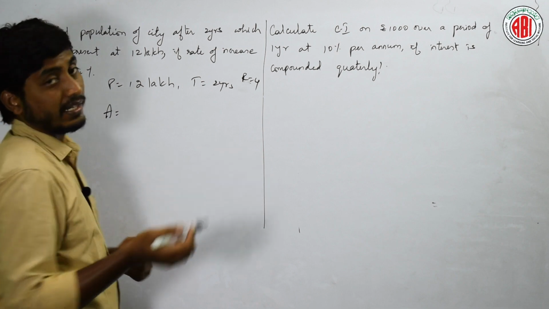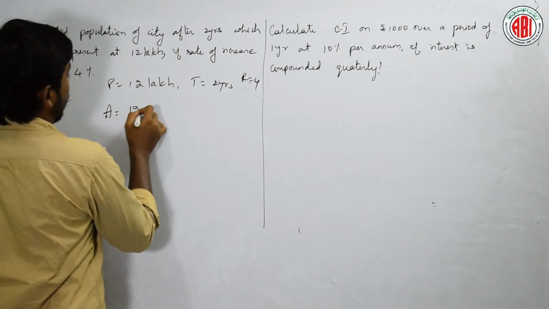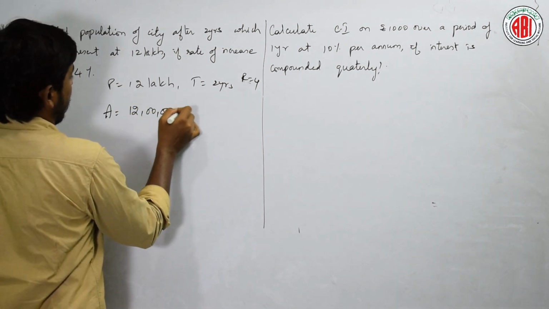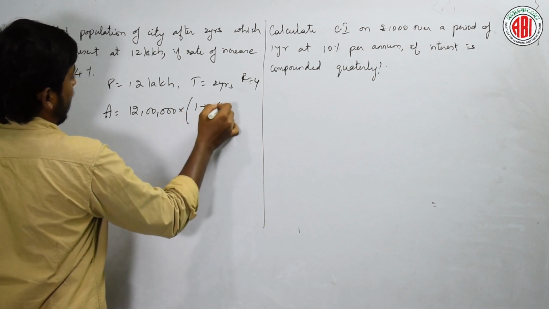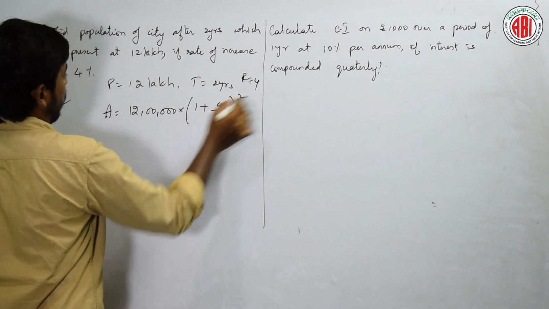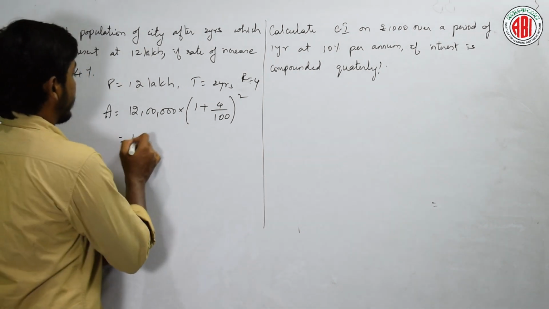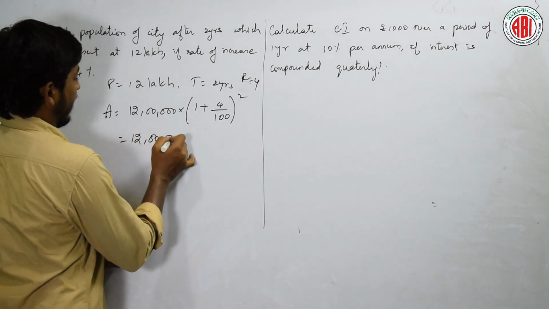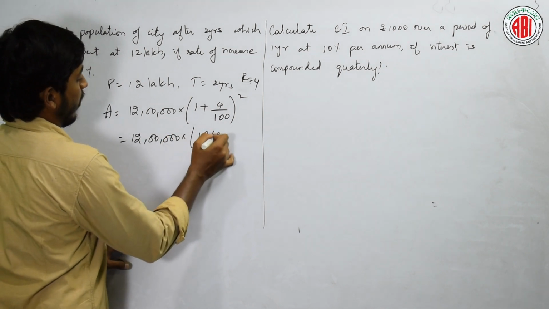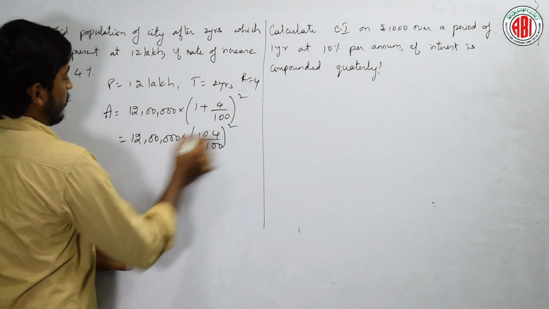What is the amount it is increased? That is 12 lakh into 1 plus r by 100 whole square. Isn't it? Yes or no? Just multiply 12 lakh into 104 by 100 whole square.